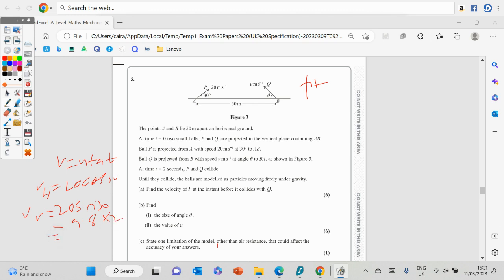And that gives you minus 9.6 meters per second. So the overall speed is Pythagoras of root 20 cos 30 squared plus minus 9.6 squared, which gives you 19.8 to 3 significant figures.